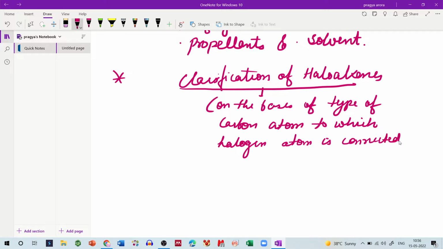That means if a halogen is connected to a primary carbon, let's say CHH, and here the halogen is connected, this one is a primary carbon.